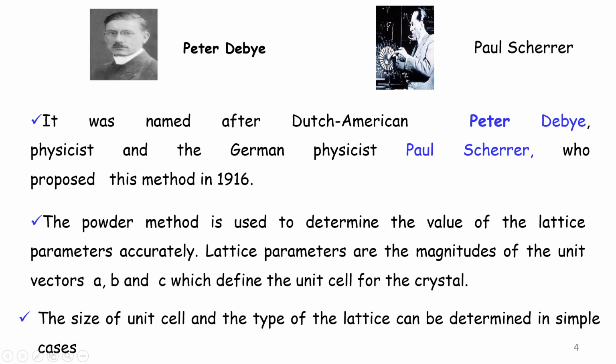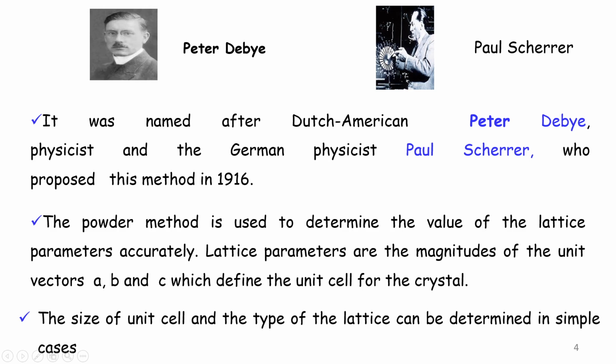So in this way, in case of the powder method, it needs a monochromatic beam of X-ray, and the powder material consists of a huge number of sets of lattice planes which are oriented in different directions.